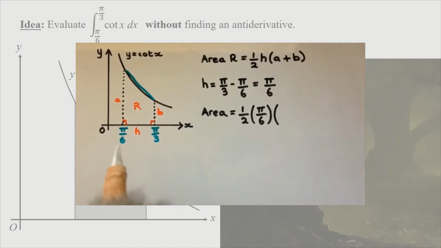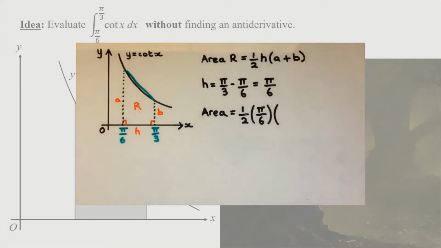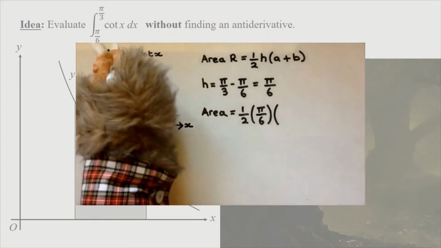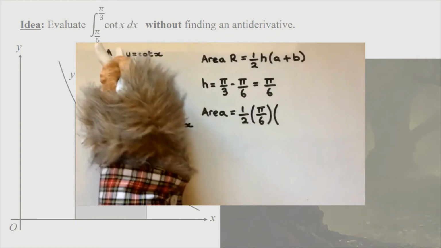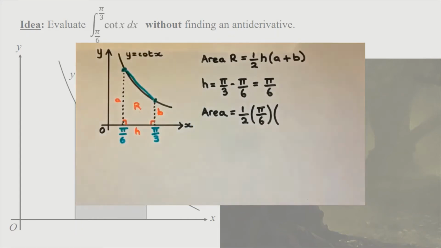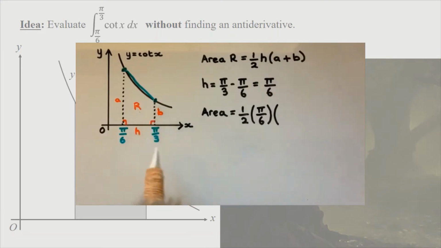Remember that these are coordinates here, so I'll just indicate them. So this point here and this point here are coordinates on the curve, and the curve is the cotangent, cot of whatever the x value is. So the distance a must be the cotangent of pi over 6, and the distance b must be the cotangent of pi over 3. So let's sub those in.